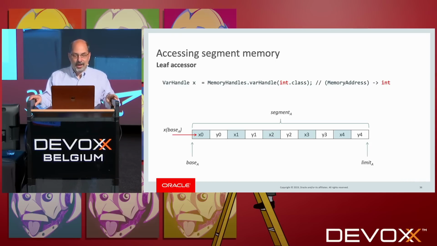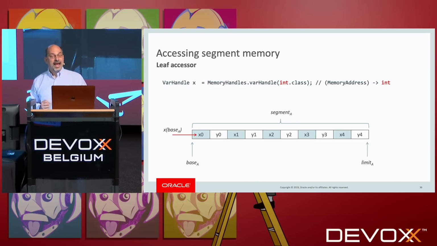They're laid out X and Y, and I'll show you what the code looks like using the memory access API to access this. So the first thing it does here is say, get me a memory access var handle for an int. And so you should be thinking, okay, what int? How am I going to know what int to read? Well, the way I know what int to read is I'm going to pass you a memory address.